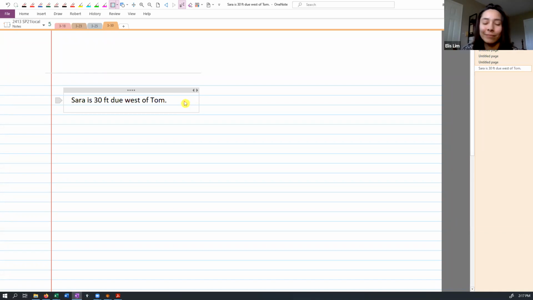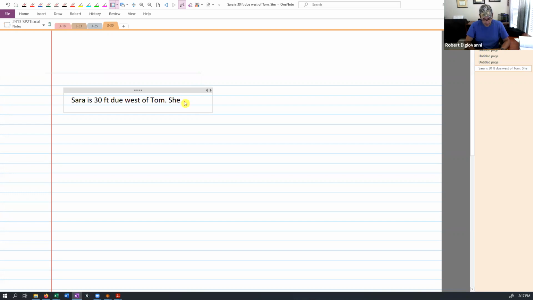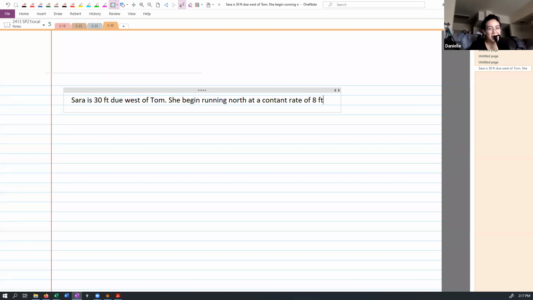All right, so Sarah is 30 feet due west of Tom. She begins running north at a constant rate of, how fast is she going to run? Let's say 20, no, that's too much. Make it 8 feet per second.